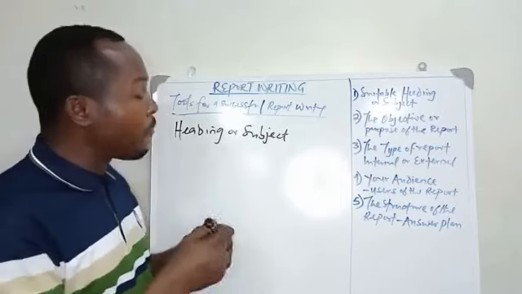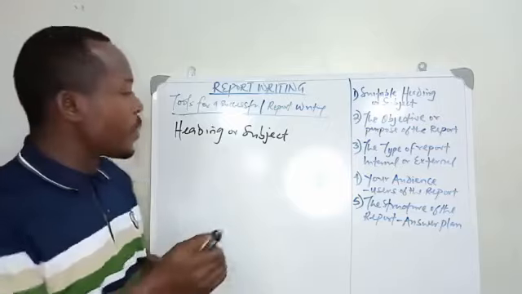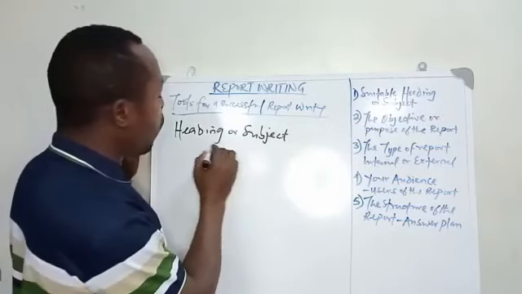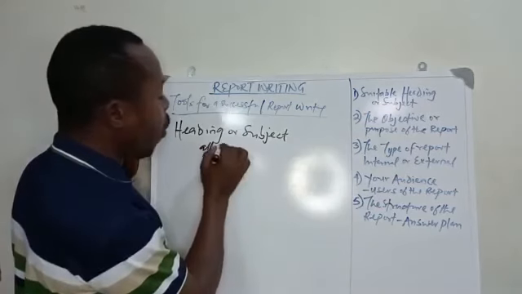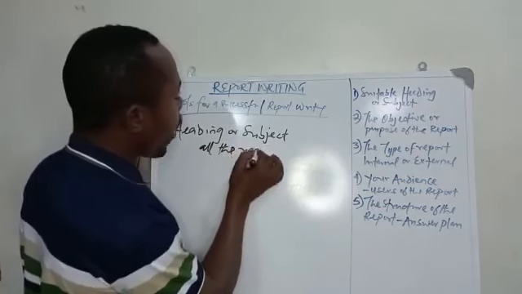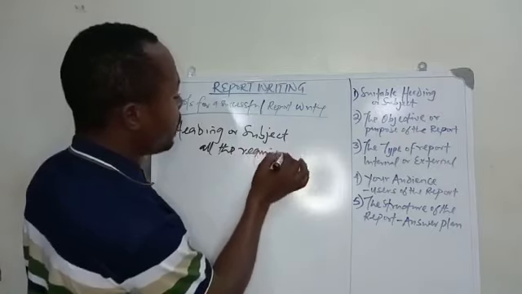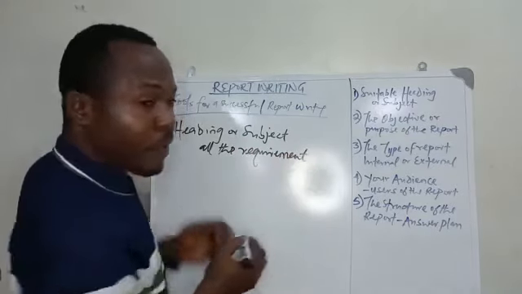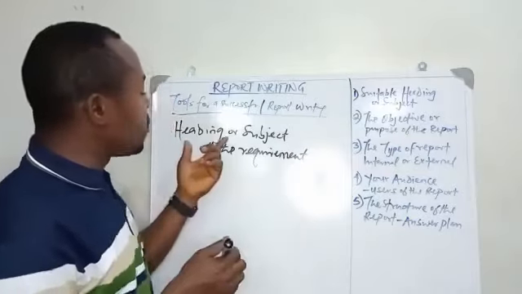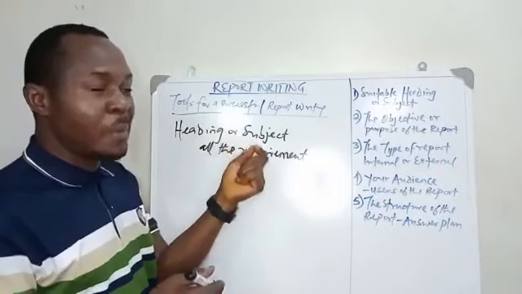You must be able to carve your subject in a way that it will comprise all the requirements. For some of us that write a professional exam, requirement one and requirement two, your subject must be able to capture all.